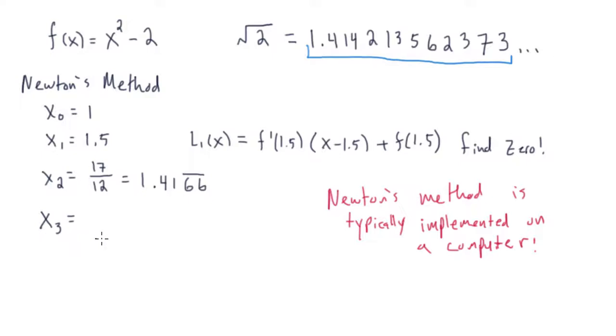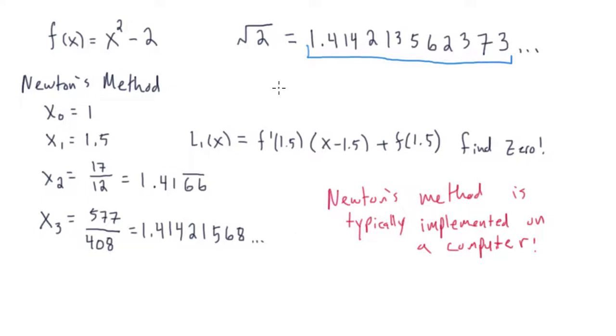show you the outputs. What it's doing every single time, so to get x3, you just linearize the function at 17 over 12, and then find the 0, and what you get is 577 over 408, which is 1.4142158 and then some more stuff.